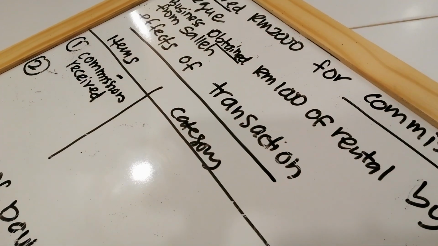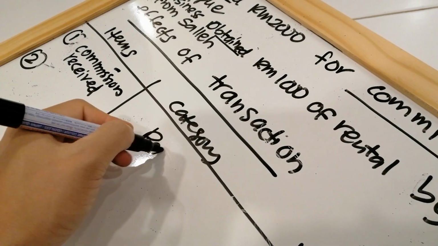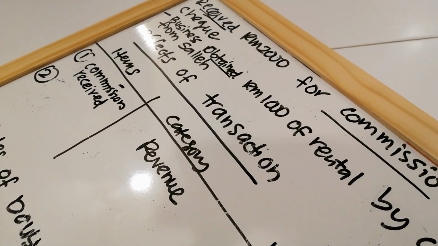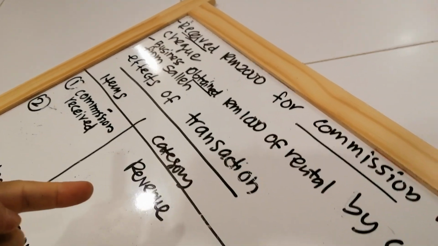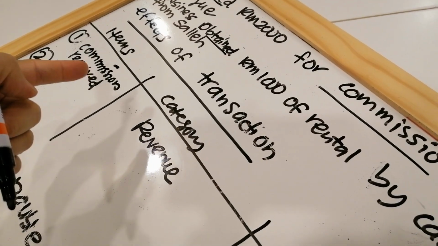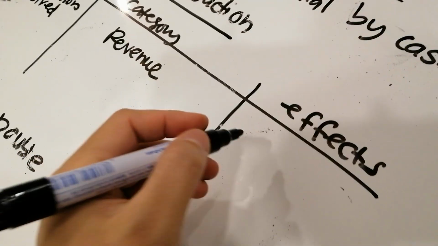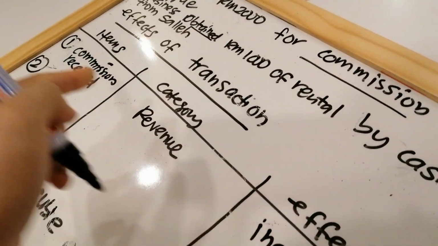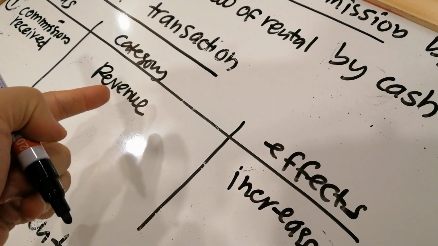Commission receive is under revenue. So category is revenue. Okay. And of course, any new commission that your business receives will increase the revenue. Simply put, any new revenue you get will increase your business revenue.